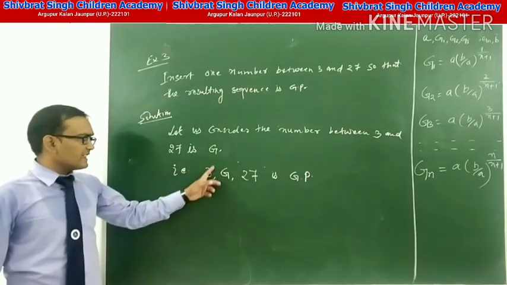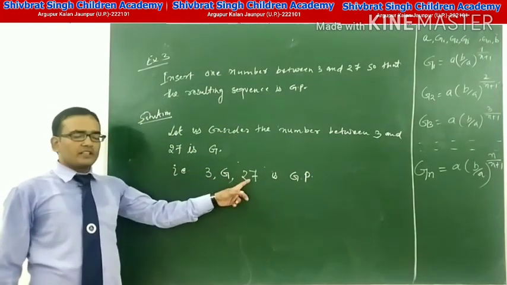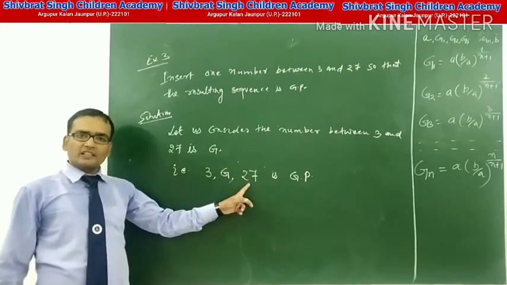That means G is the geometric mean of 3 and 27.